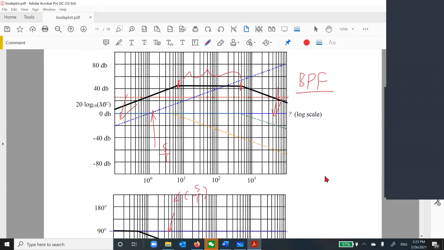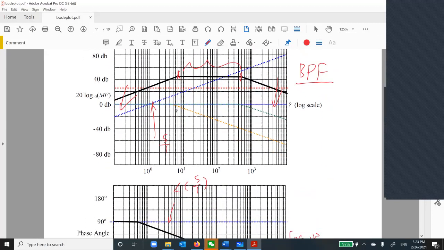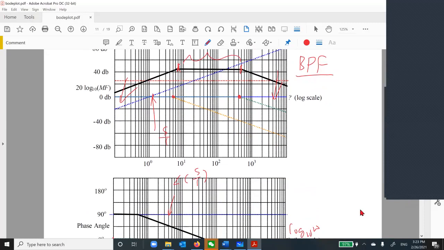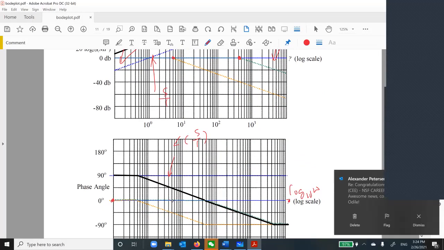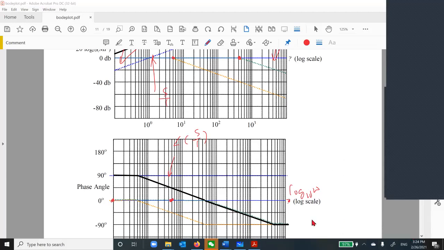So I have 5 in here, 5 in here, and 500 in here, 500 in here. So when we do the phase, we need to identify where is my 5. My 5 is here.